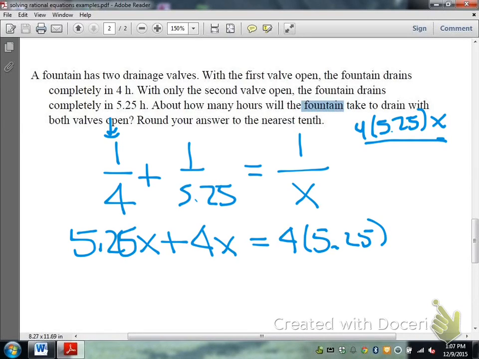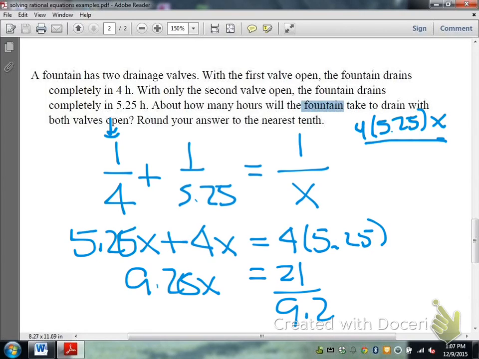This is where AJ was saying the formula that Ms. Heff showed you multiplies the two rates together. Here, when we combine the like terms, we add those two rates together, and then we'll always be dividing them. Is that 9.25x? It is.